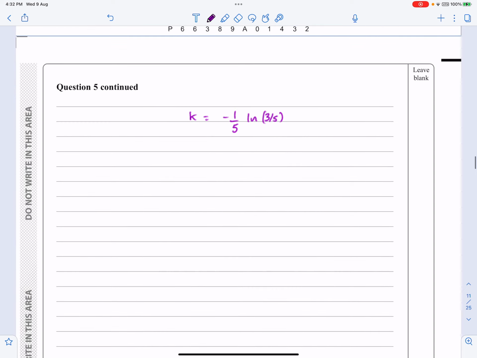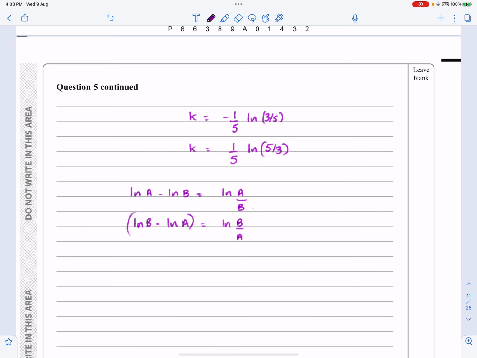That's the same as 1/5 log 5 over 3. I can take that minus there and just flip that one upside down. Remember that log of a minus log of b is log of a over b. So if I just flip it upside down, we know that log b minus log a is log b over a.